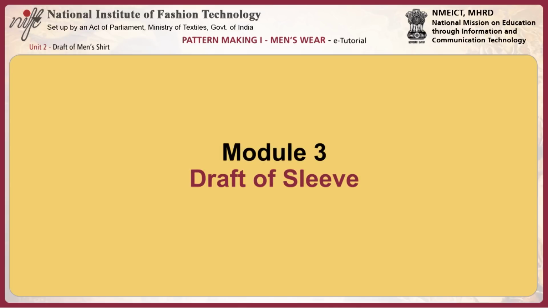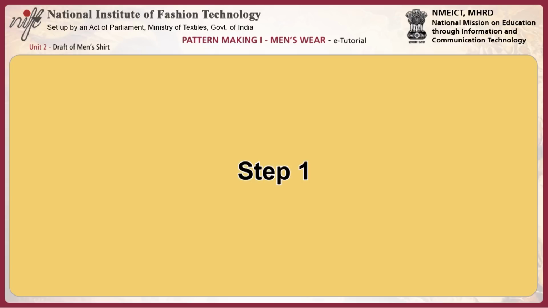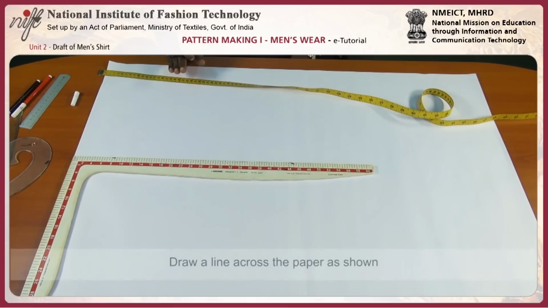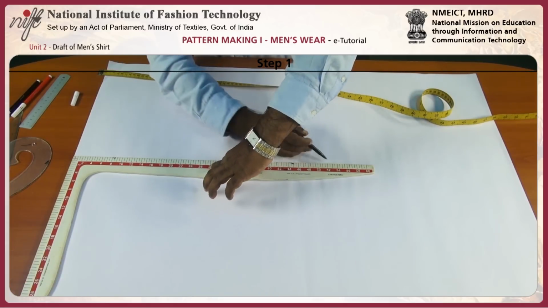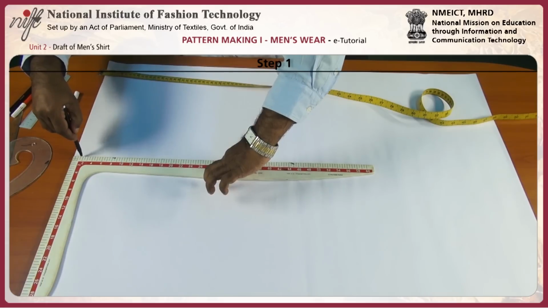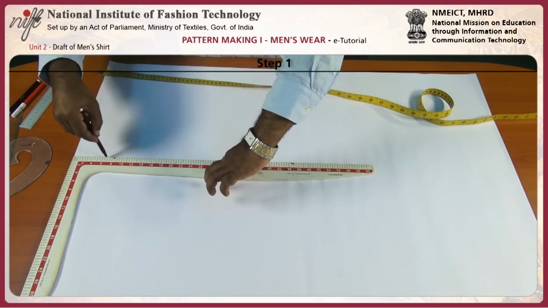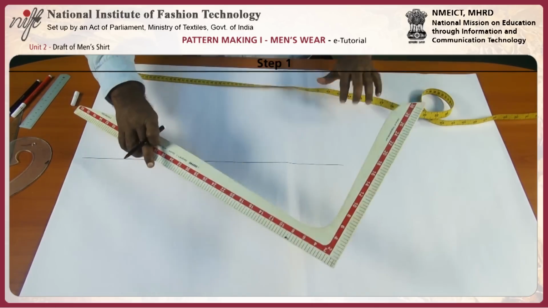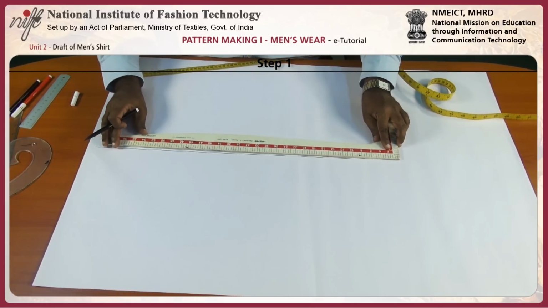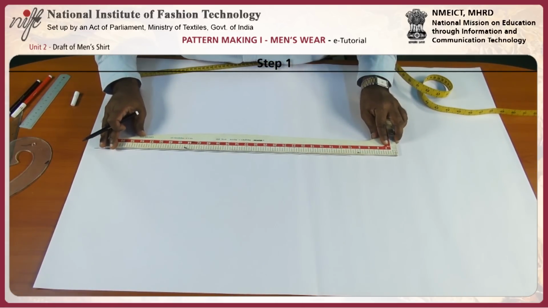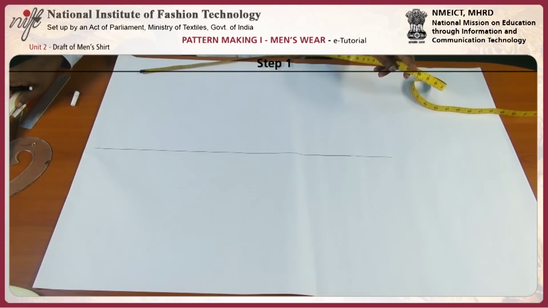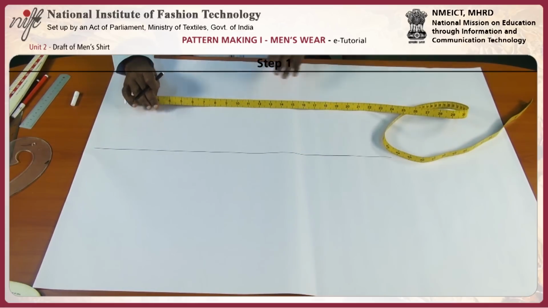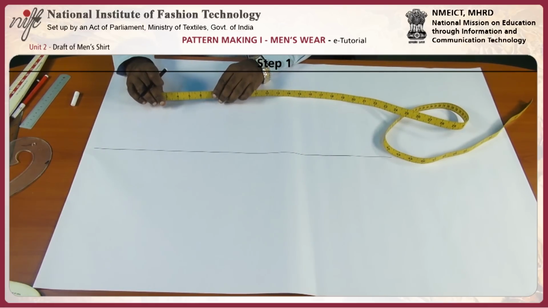Draft of sleeve pattern, step 1. Draw a line across the center of the chart paper as shown in the diagram. Front sleeve.